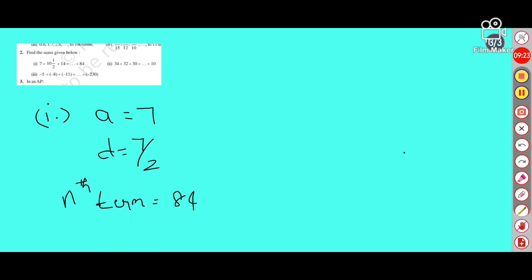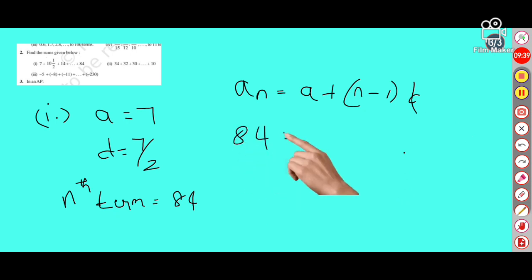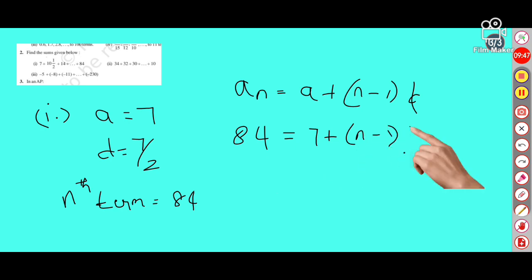We need to find that with the formula an equals a plus n minus 1 into d. So the an value is 84, because it is considered to be one of the terms in the sequence. We need to find which term. So 84 equals 7 plus n minus 1 into 7 by 2.